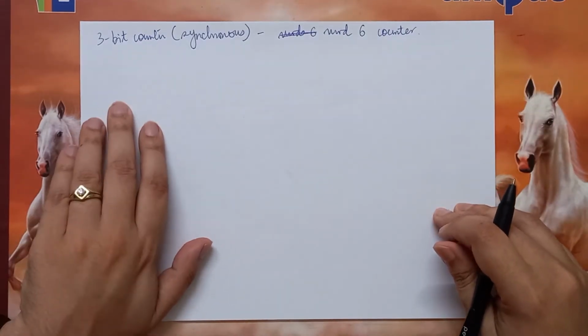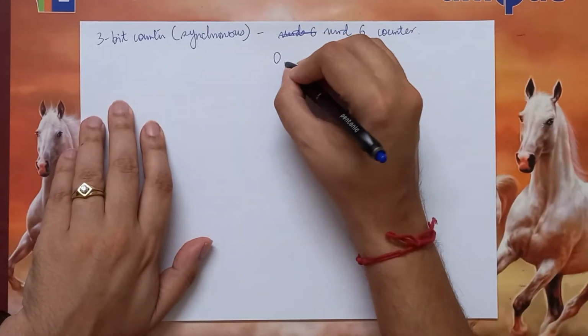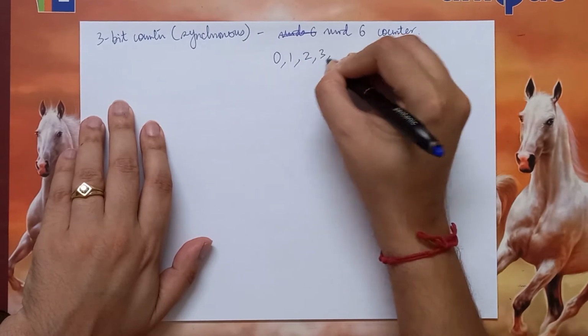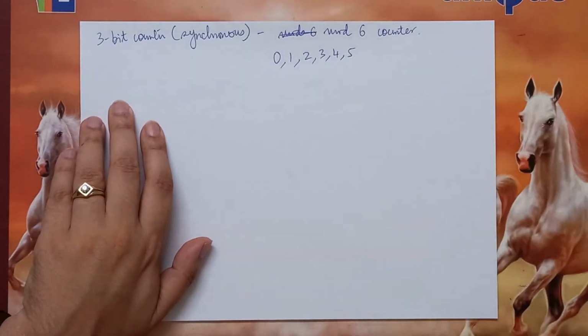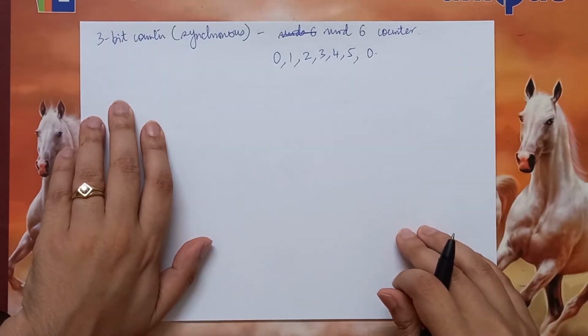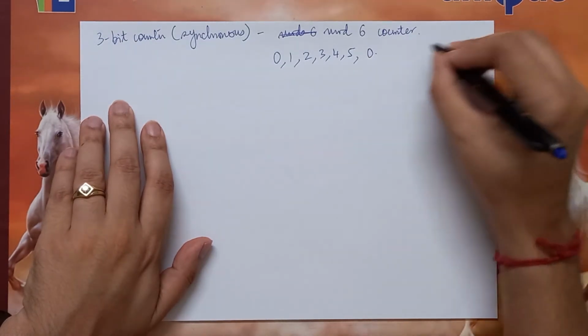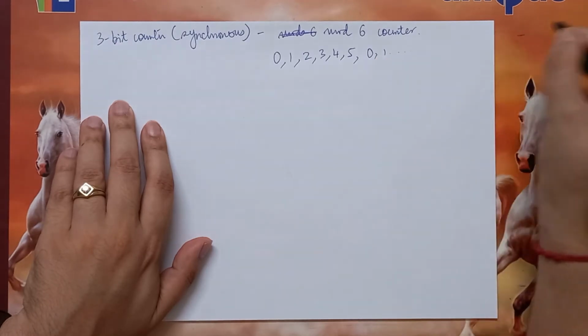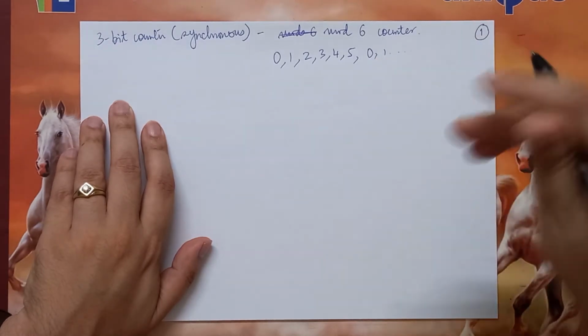So mod 6 counter. That means the counting sequence must be 0, 1, 2, 3, 4 and 5. After 5, the count must necessarily become 0 and then again 1 and so on.